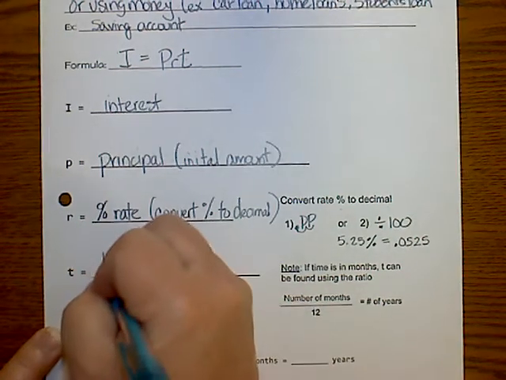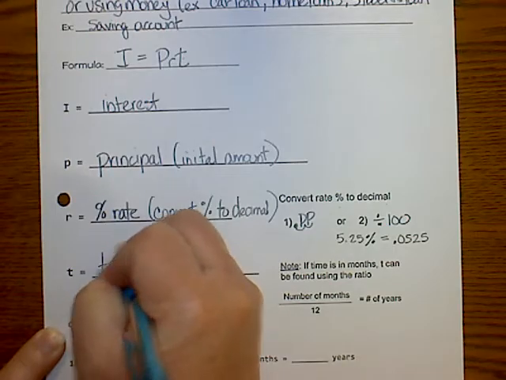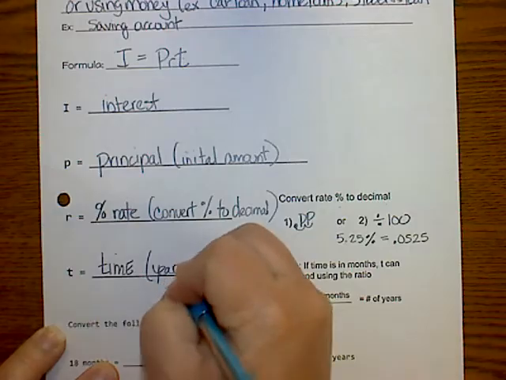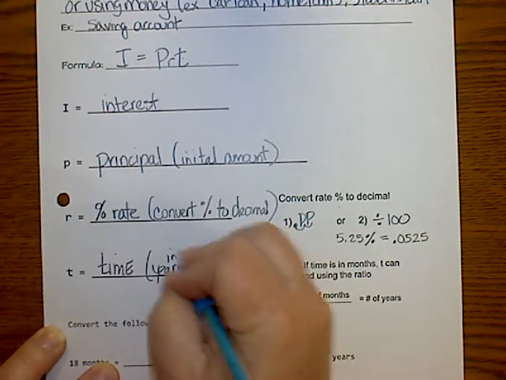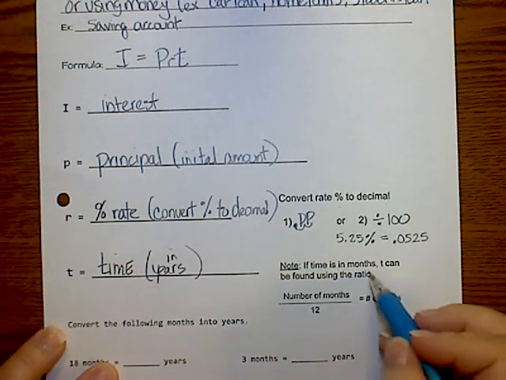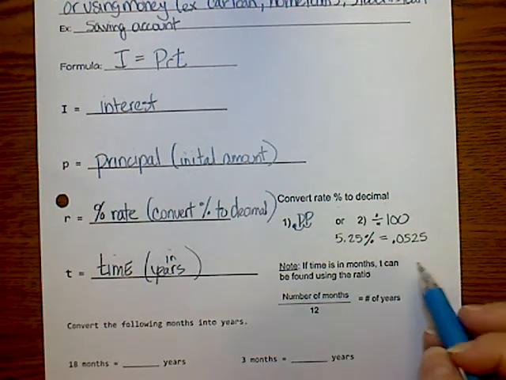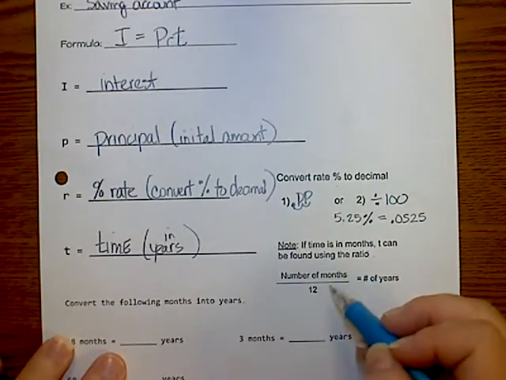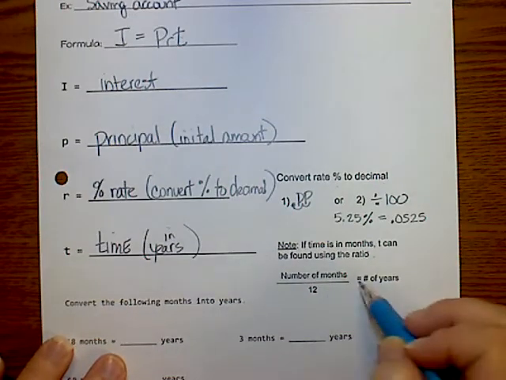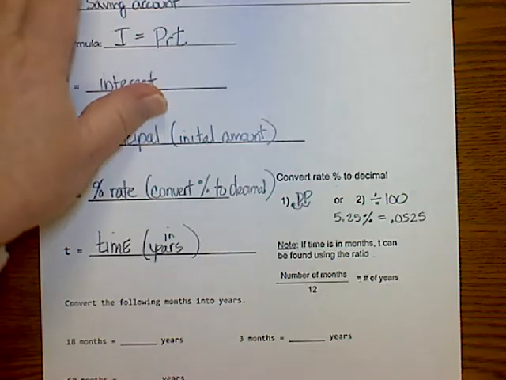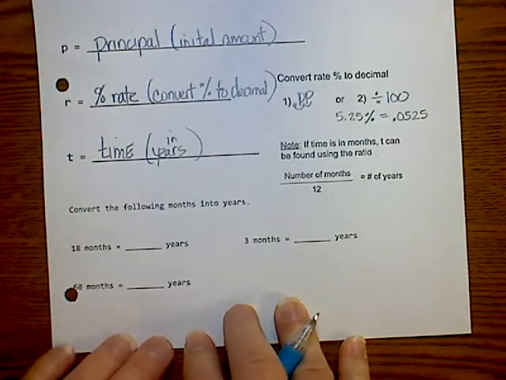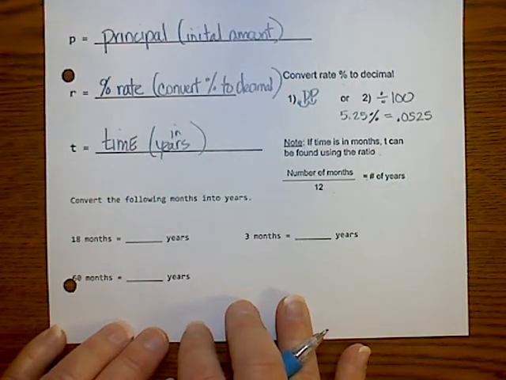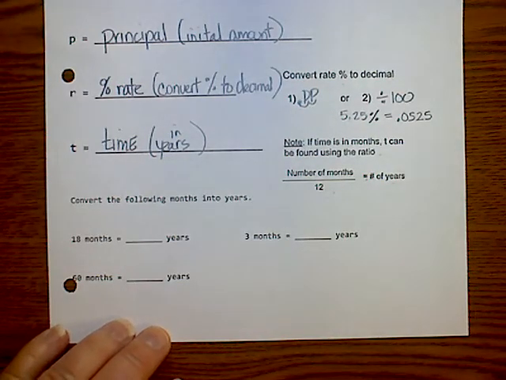T is time, and time must always be in years for our 8th grade math, okay? Note, if time is in months, T can be found using the ratio number of months divided by 12 equals number of years. I understand that some of you don't even know there's 12 months in a year. I couldn't believe that. Some of you can't even name all the months in the year. Couldn't believe that either, but it's true.